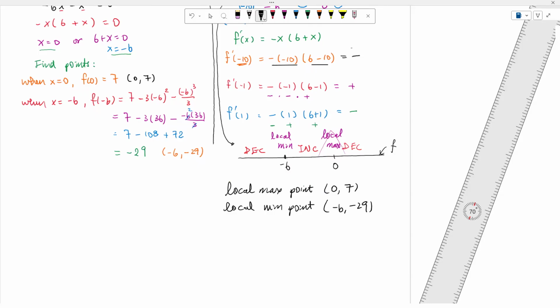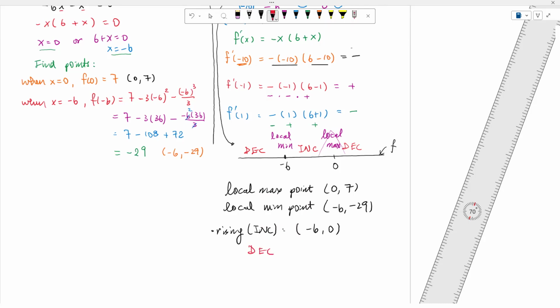And for rising, meaning where the function is increasing, it will be from negative 6 to 0.